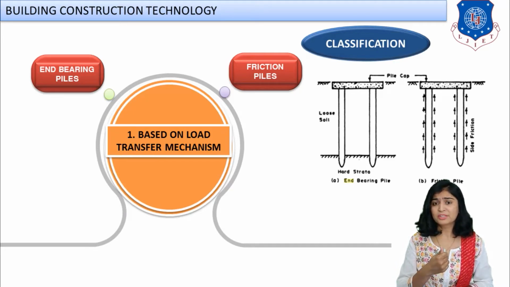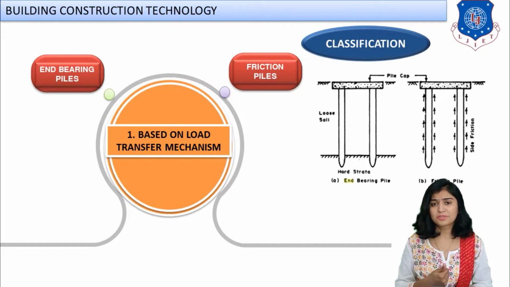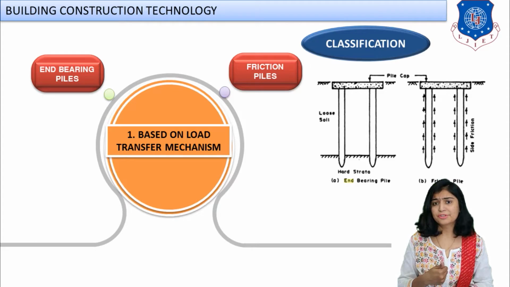This frictional resistance provides the load carrying capacity to the pile member, right? The skin friction which is generated gives you partial load carrying capacity of the pile member, and partially it is achieved from the surrounding subsoil. So this type of pile member is known as a friction pile.